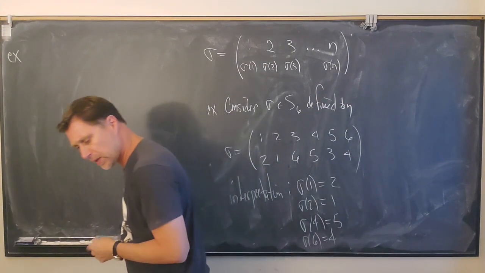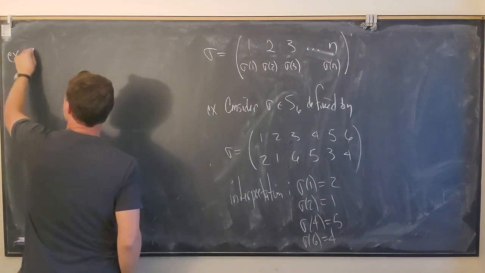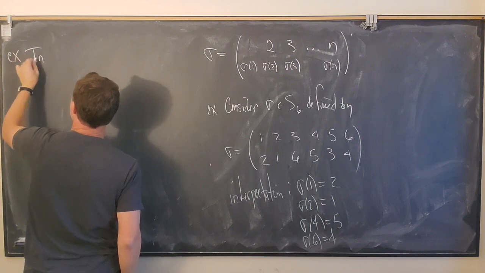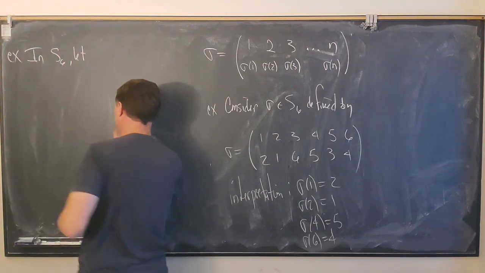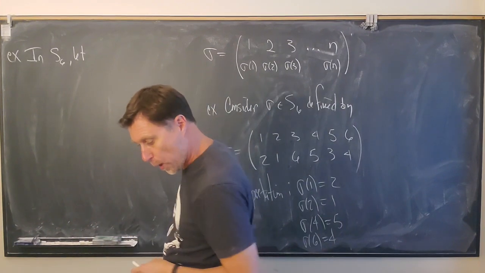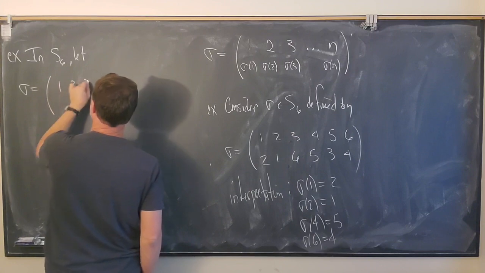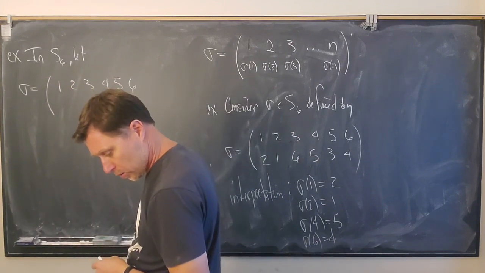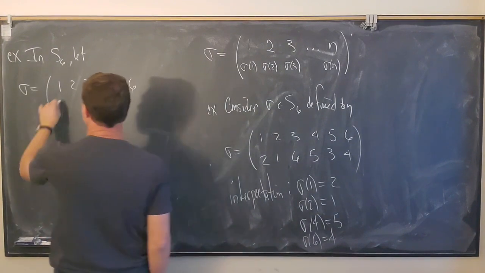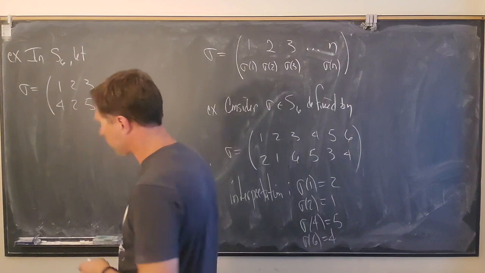Okay, so once again, we'll be in S6. So let's let sigma be 1, 2, 3, 4, 5, 6, and then we're going to go 4, 2, 5, 6, 1, 3.